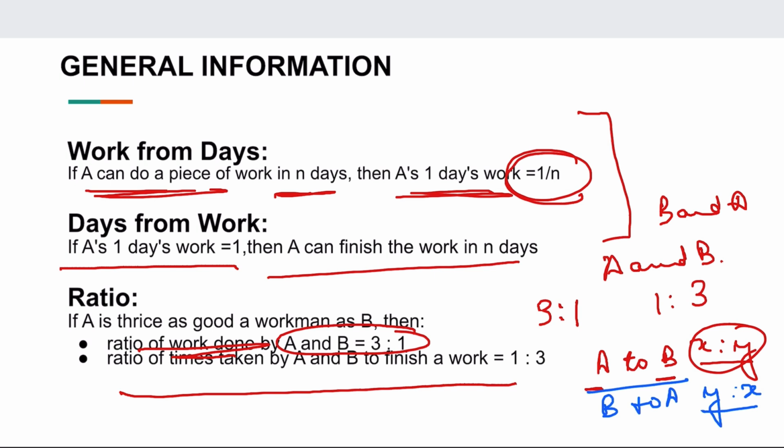Because why? In MCQ questions, what's going to happen is that both will be present in your answer options. For example, if your answer is X is to Y, the reciprocal of it, the reverse, is going to be Y is to X. So both of these will be present in the options, and you people are going to get confused.